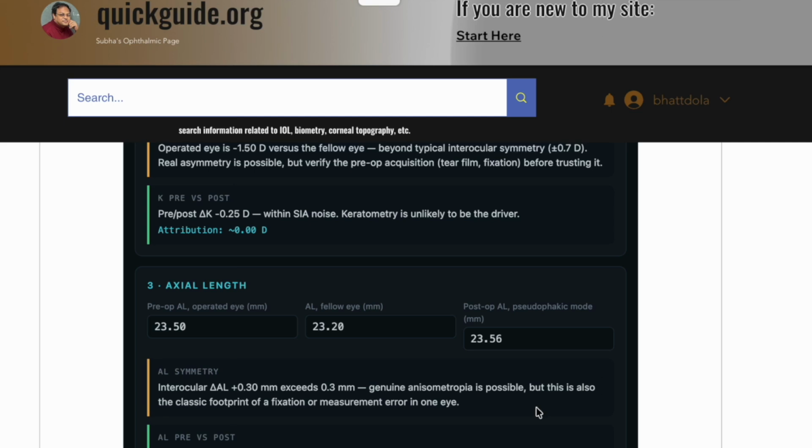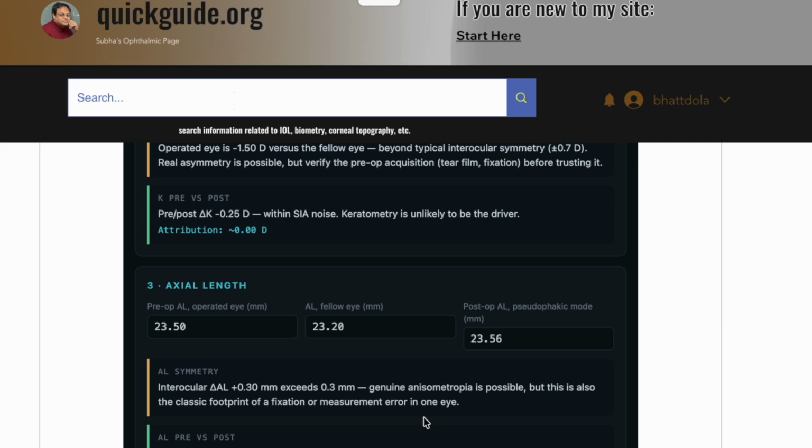So genuine anisometropia is possible, but this is also the classic footprint of a fixation or measurement error in one eye. So it could be really anisometropia, or it could be that the patient was not fixating, and it could be an axial length measurement error.